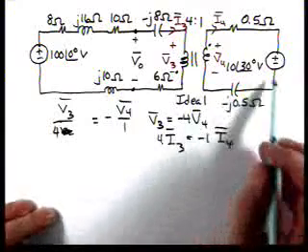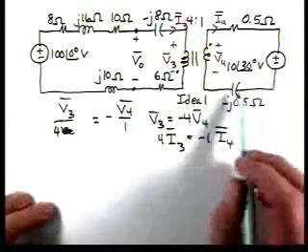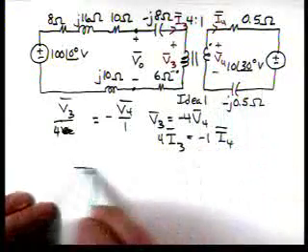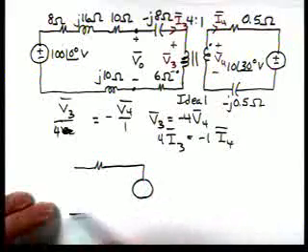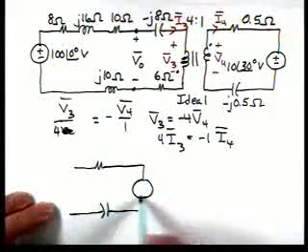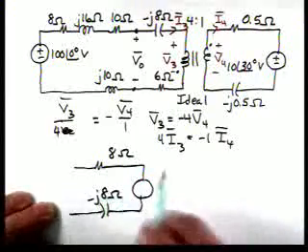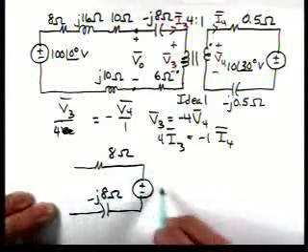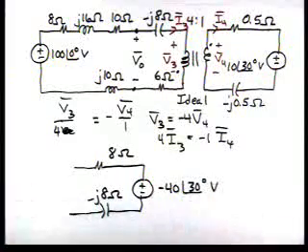So when we move things through, our impedances get moved by the turns ratio squared. So this becomes 8 ohms, this becomes minus j8 ohms. This becomes minus 40 at an angle of 30. Now what I'm going to do is redraw it.